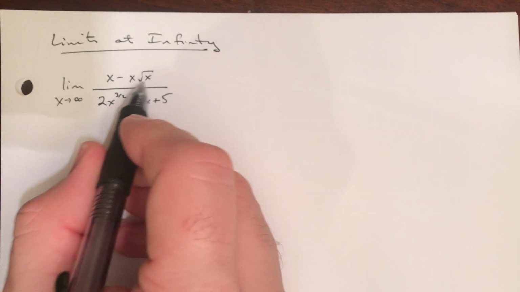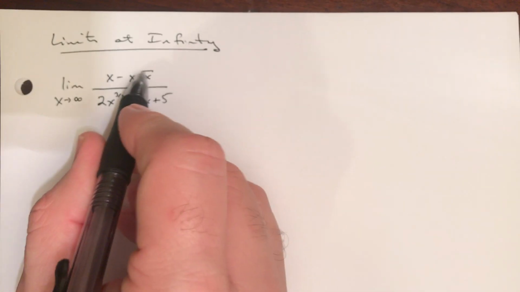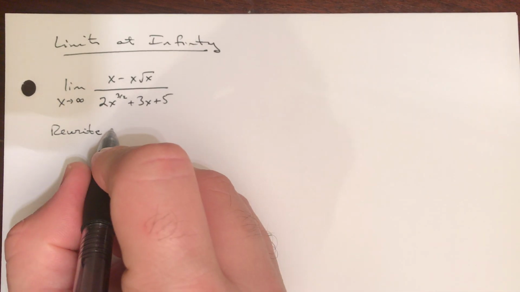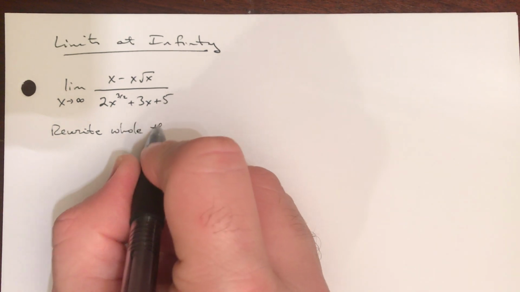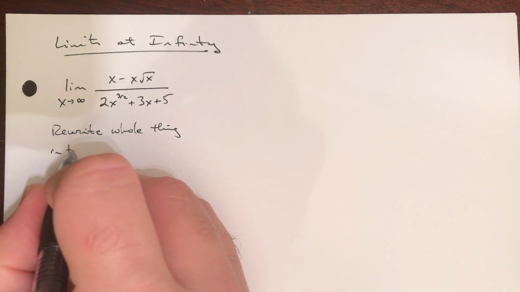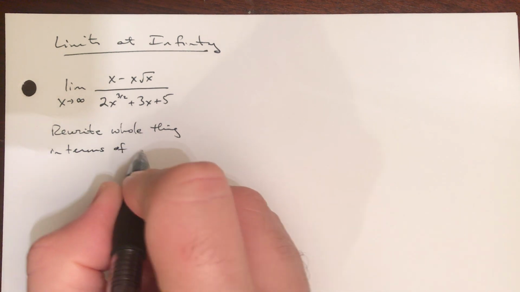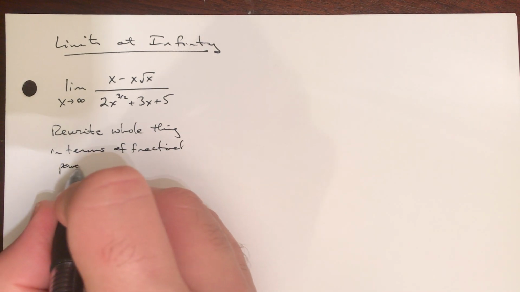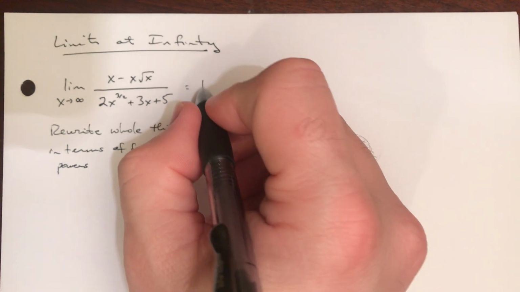And because we've got this mixture of fractional powers and radicals, we're going to rewrite the whole thing in terms of these fractional powers. It's going to be a little bit more convenient.